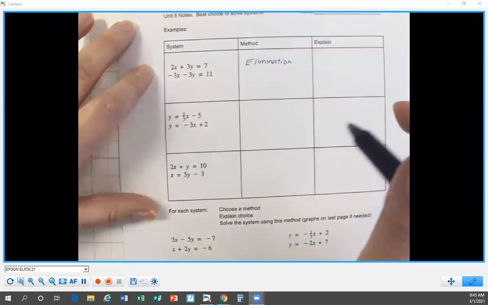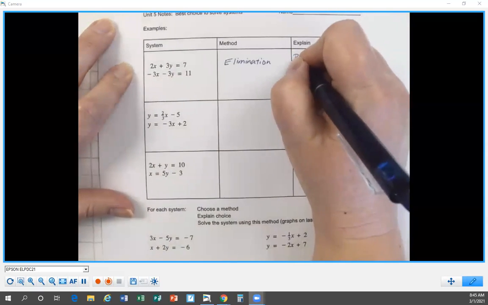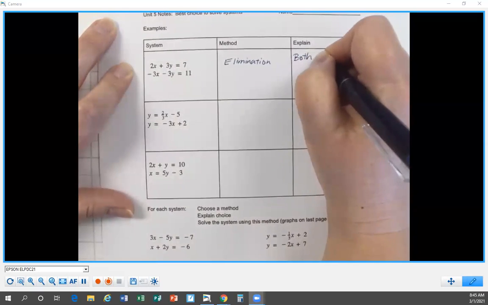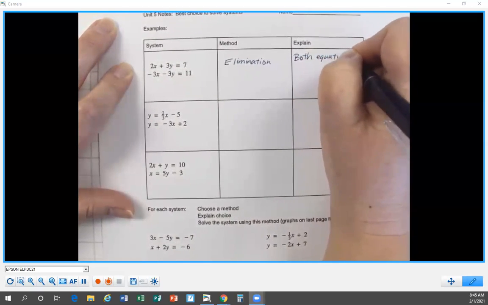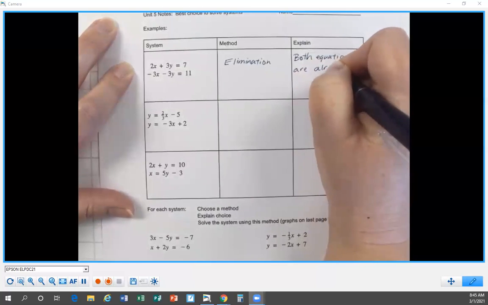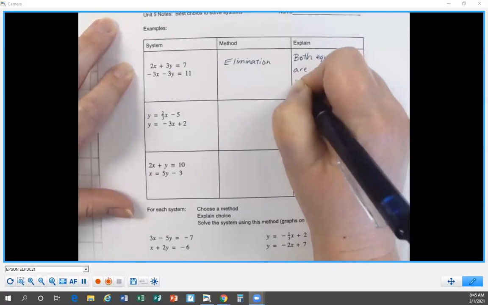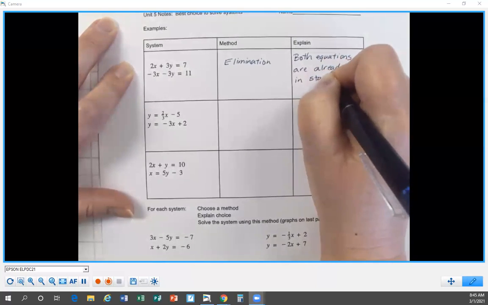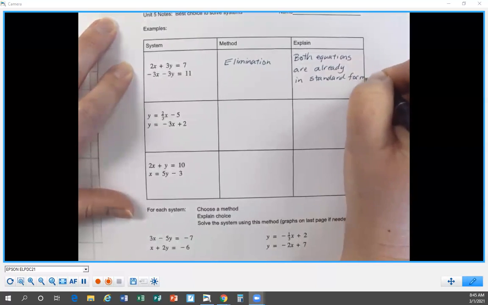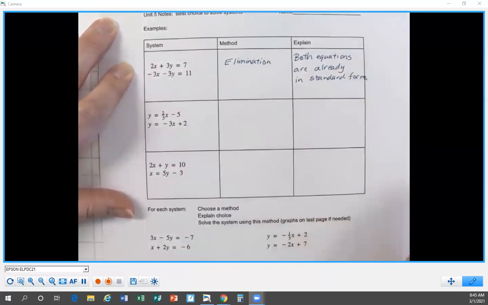When we add them together, they'll cancel out. So both equations are already set up in standard form, and that'll make it easier to solve using elimination.